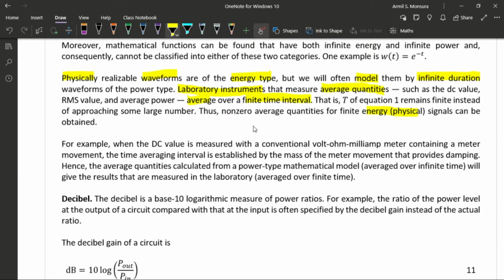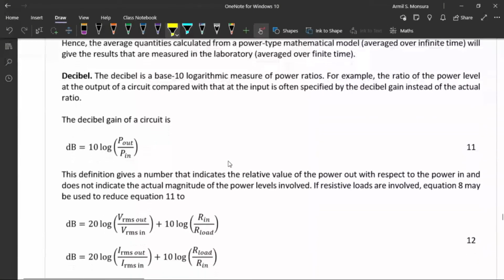But it is not really of infinite duration. It is just long, relative to a certain scale. So that is why the theoretical average quantities we compute using the time average operator will still be reliable and will be near the readings of your laboratory instrument.